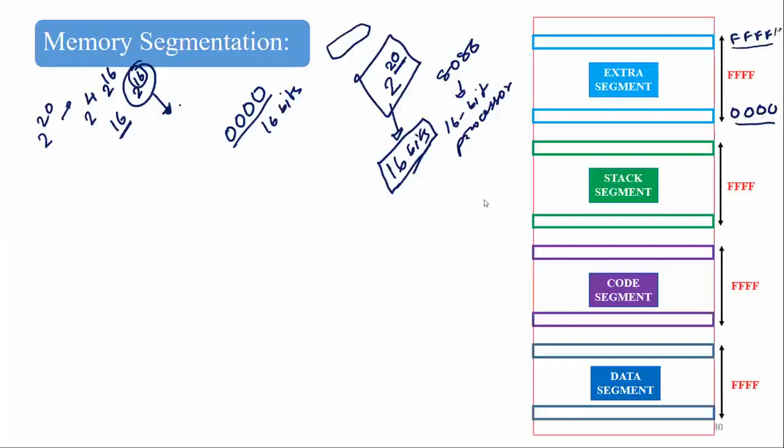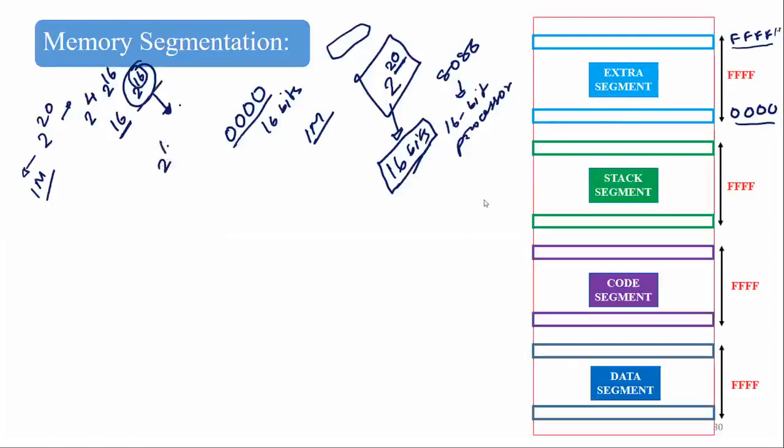Now, how many segments can there be with 1 megabyte of memory? Your 8086 has 1 megabyte of memory. So how many segments are possible with this 1 megabyte? How can we express 2 to the power 16?